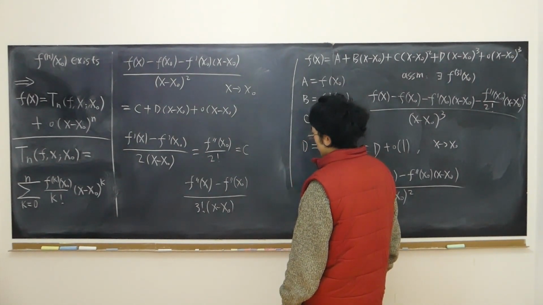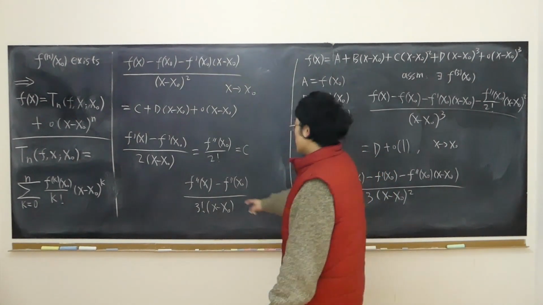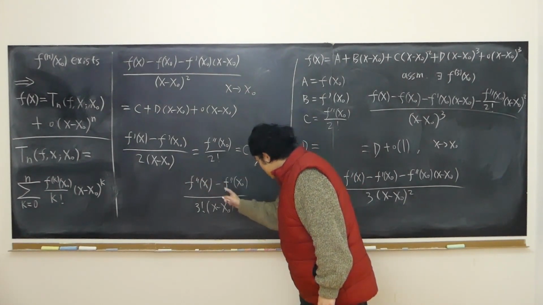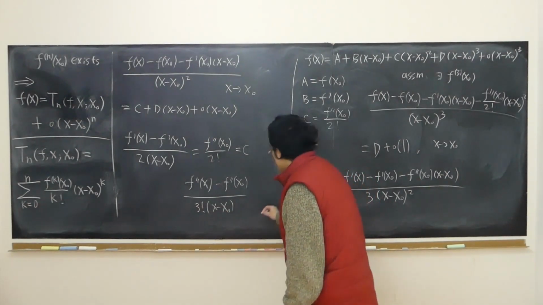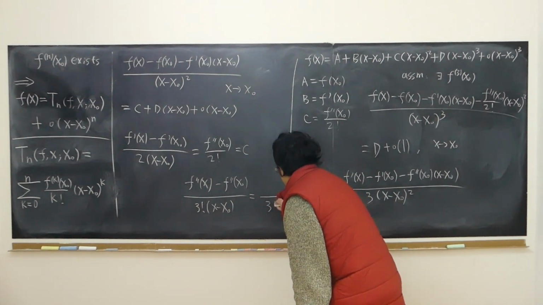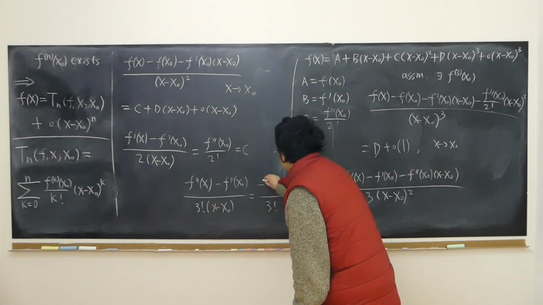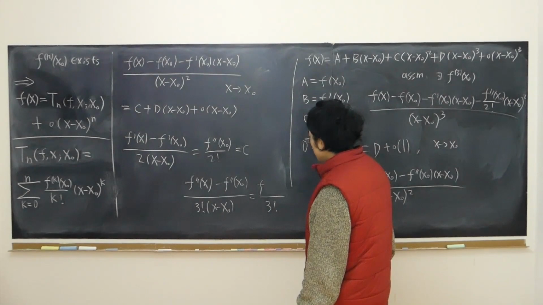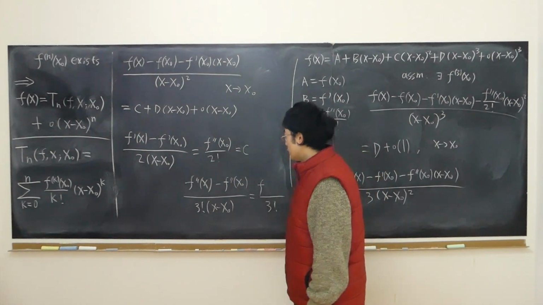This is easily the very definition of the derivative of the function f double dash of x, as a function in its own right, at the point x naught. We have to copy down this constant as well. So that's exactly 3 factorial at the bottom, and at the top is the third order derivative of f at the point x naught, because I'm treating f double dash of x as a function in its own right.